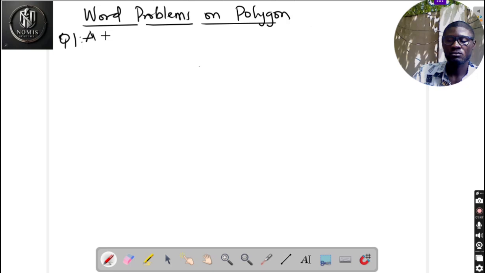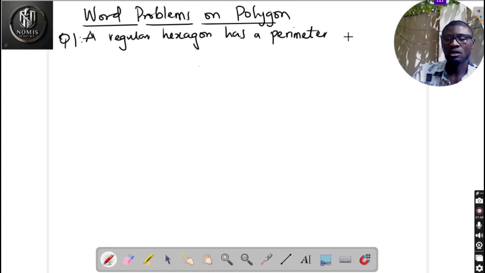A regular hexagon has a perimeter of 36 centimeter.